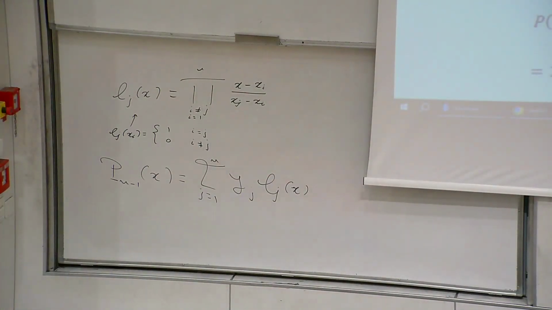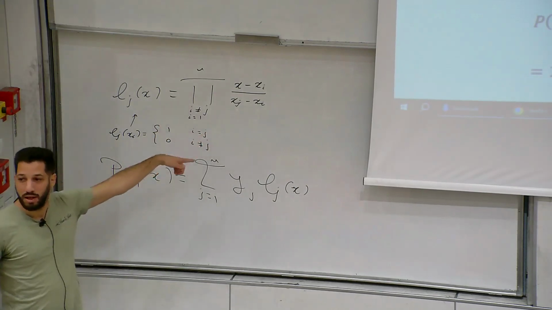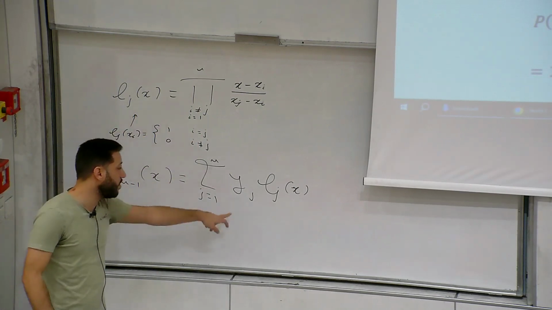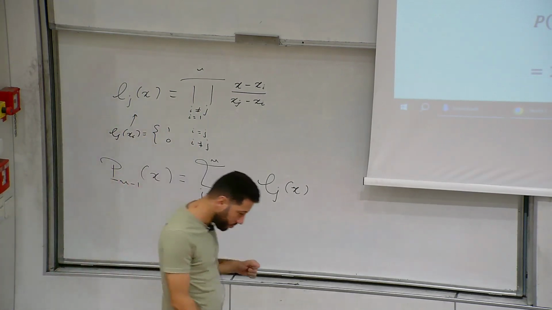Yes. So if I get n sampling points of the function and I calculate this polynomial, and now I want to improve the polynomial, I will add another point. When I add another point, I have to recalculate everything. I have to recalculate the Lj's and then do this.